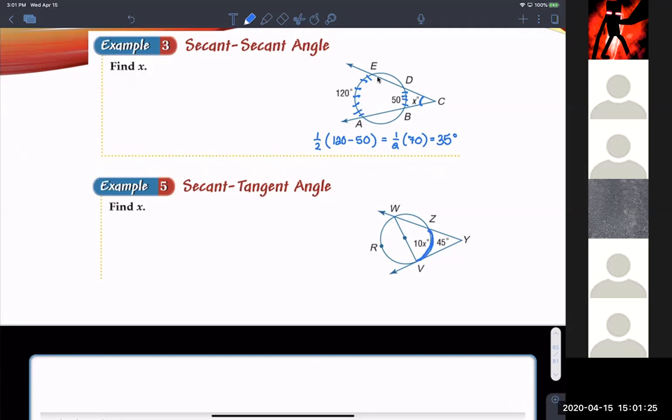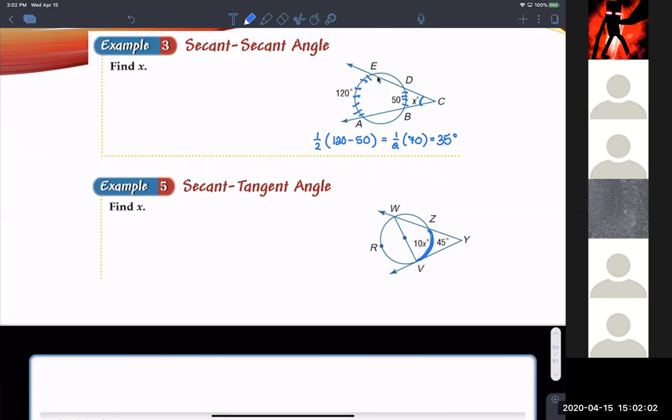Measurement of this arc right here. Now, okay, so how do we find that?